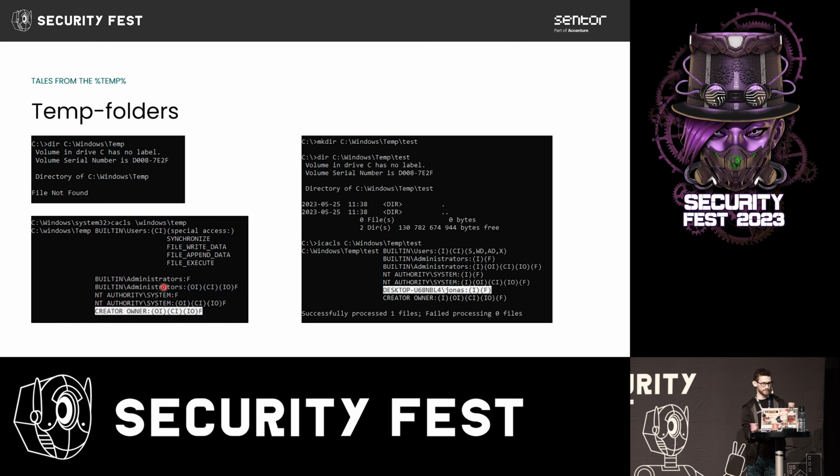And then administrators and system have full permissions. On the right, you can see me as a standard user creating a test folder within the temp directory. I am the owner with full permissions, but users still have write access to create files and subfolders within that directory.